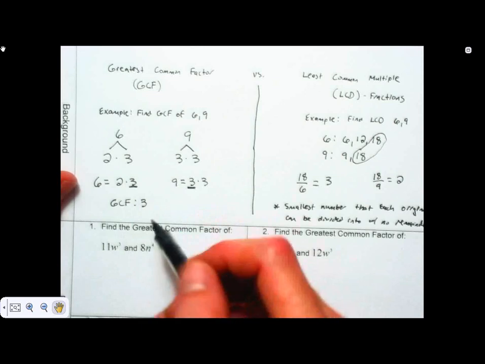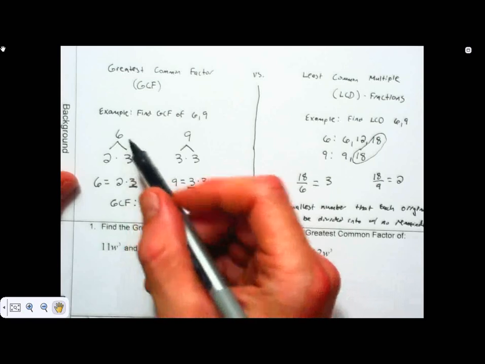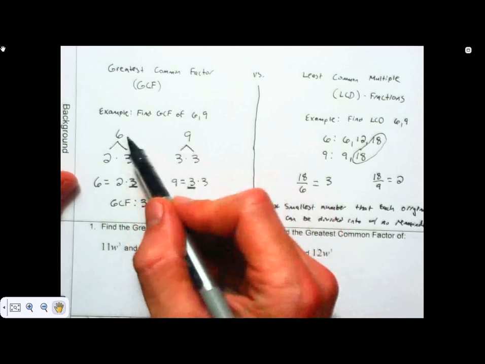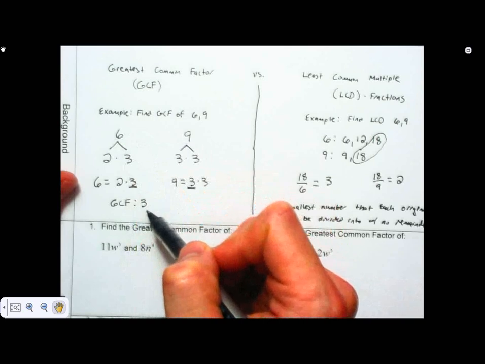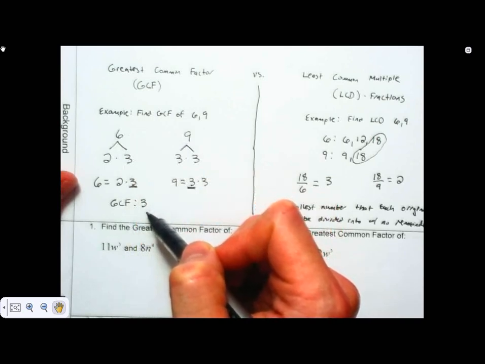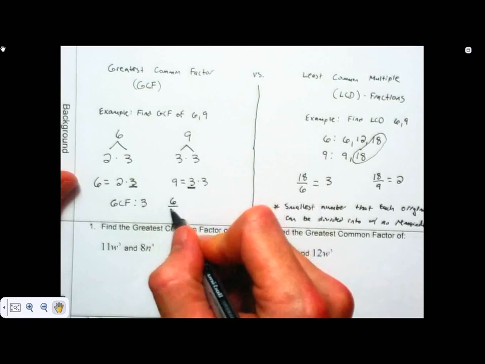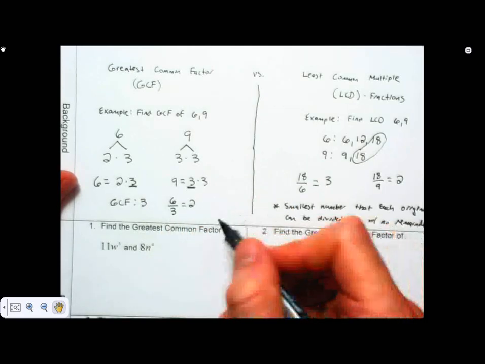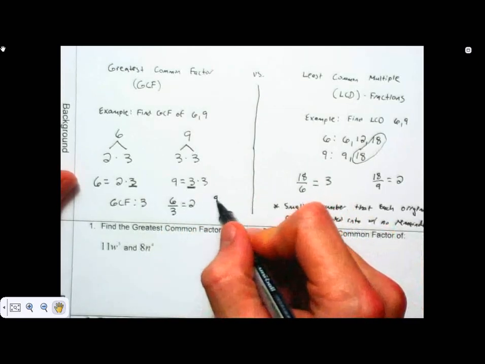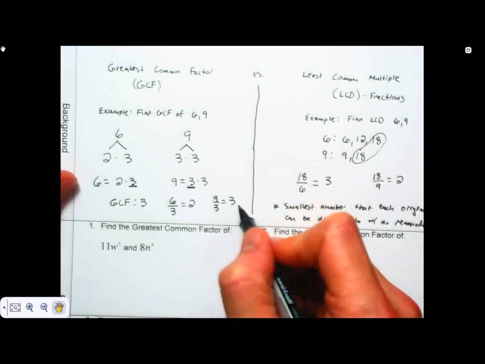So what's special about the number 3? Well, if I go back to the original numbers that we were considering, if I take either one of those numbers and divide it by 3, I'm going to end up with no remainder at all. So in other words, if I take 6 divided by 3, I get 2, which is a whole number with no remainder. And if I do 9 divided by 3, I get 3, which is again a whole number with no remainder.